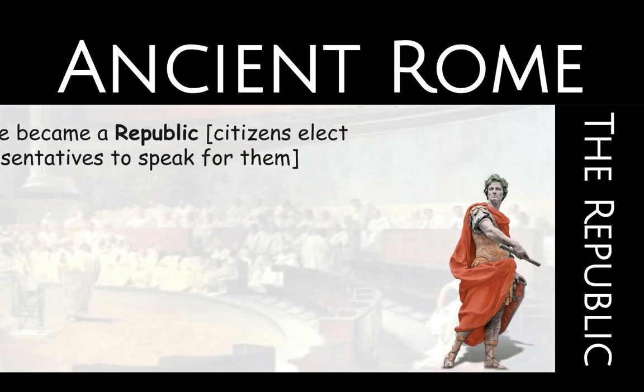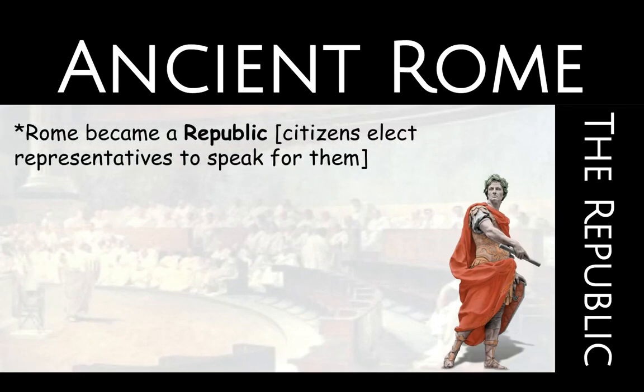So now let's talk about the Roman Republic. A republic is a form of government where citizens elect representatives to speak for them. Now, if you remember ancient Greece, the city-state of Athens turned into a direct democracy. A direct democracy is where all eligible citizens participate directly in government. In other words, they vote on every single issue and they debate on every issue.